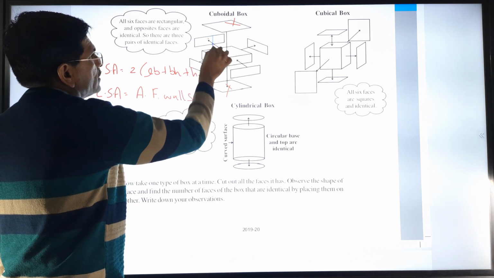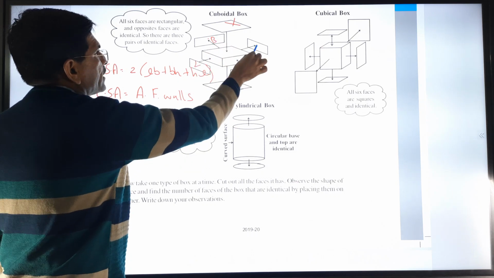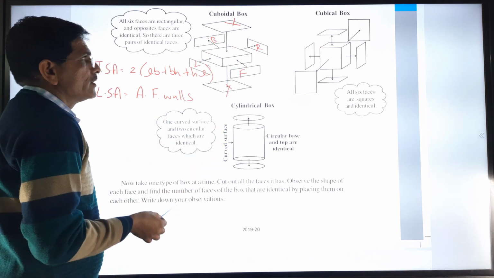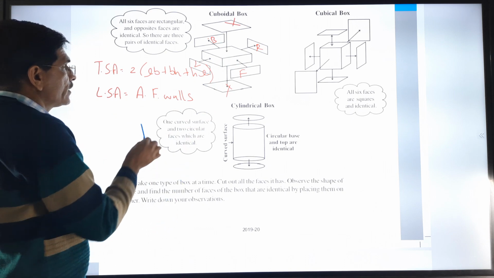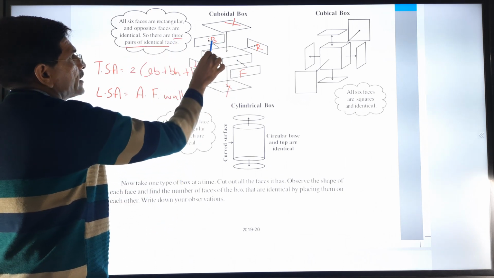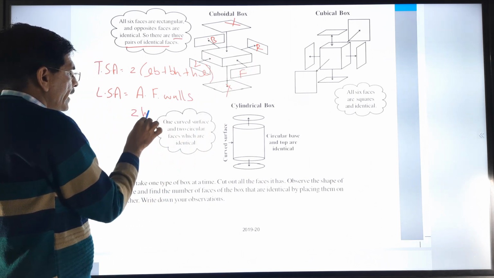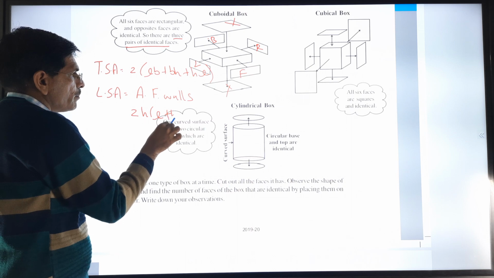Again, repeat it. Here it is called front, here back, here left, here right. So only 4 areas we have to take, and 2 are identical. Here we said 3 pairs of faces are identical, but here 2 pairs are identical. So I have to write 2H into (L plus B).